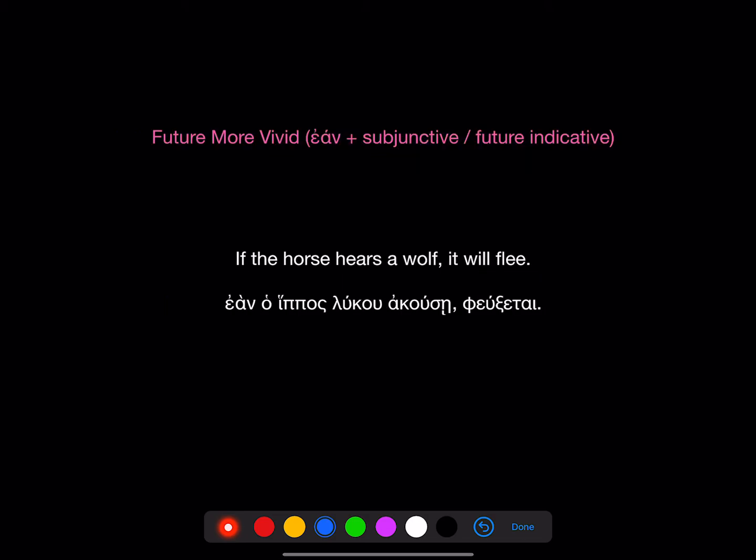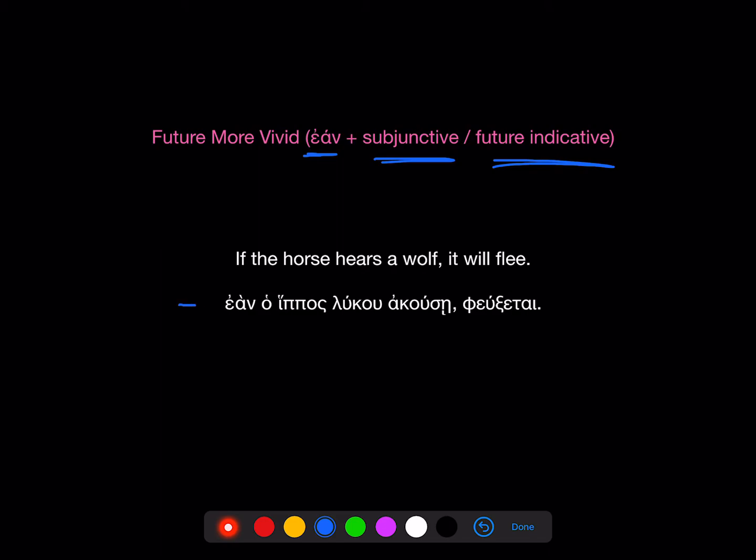Now, future more vivid. We saw that you can make a simple condition in the future, just using the future indicative and ei in the protasis and no ans at all. But it's very rare, and that's called the future most vivid. Much more common is the future more vivid. That uses ean plus the subjunctive in the protasis, and then a future indicative in the apodosis.